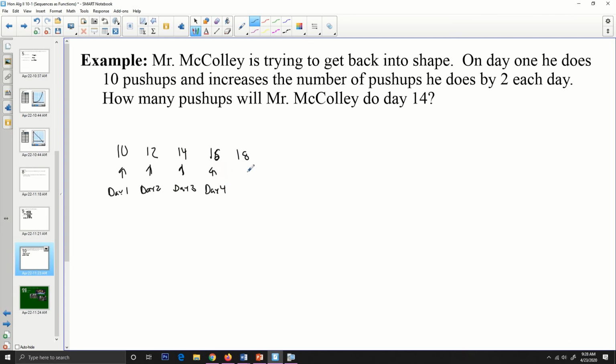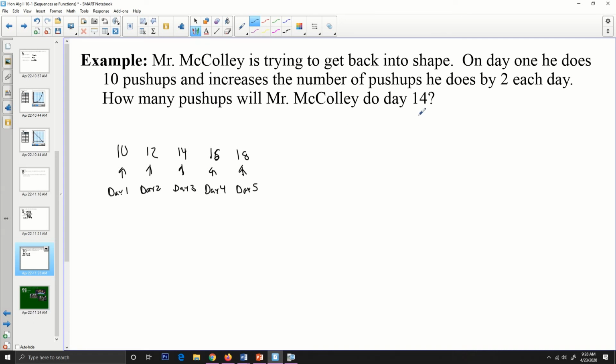And that would be 18 for day 5. I'm going to stop there because you get the gist. But notice if I said how many push-ups would he do on day 5, and we did that process, 5 times 2 is 10, 10 plus 10 would be 20. I'd actually be too high here.